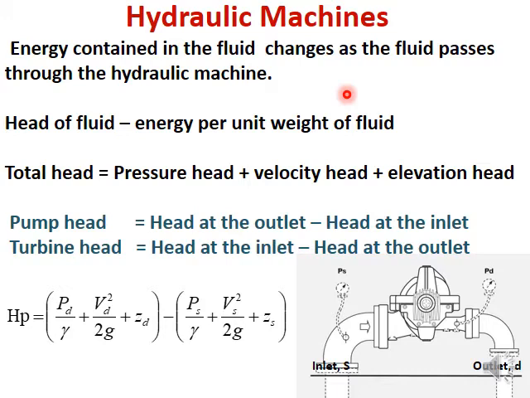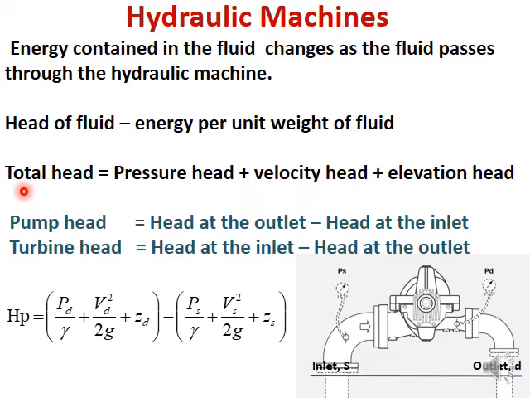You have learnt about energy contained in the fluid, and you know energy can be in different forms. The mechanical energy in a fluid can be there as pressure energy, and then kinetic energy and potential energy.